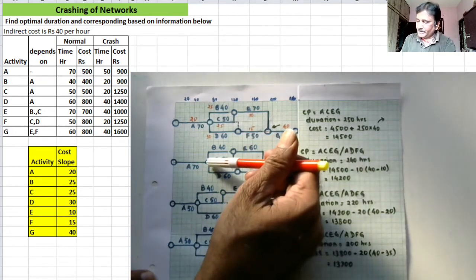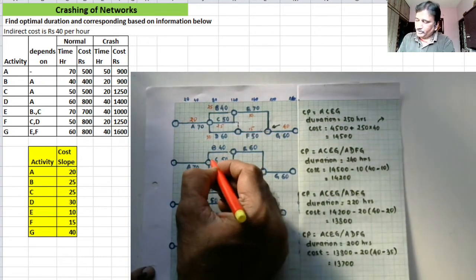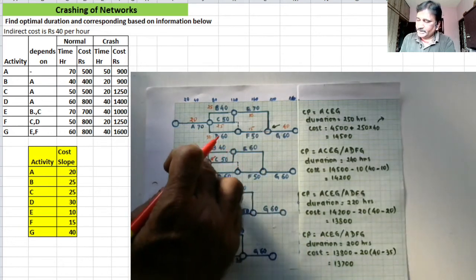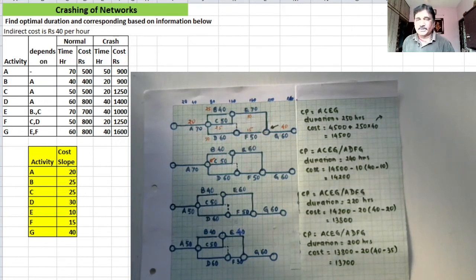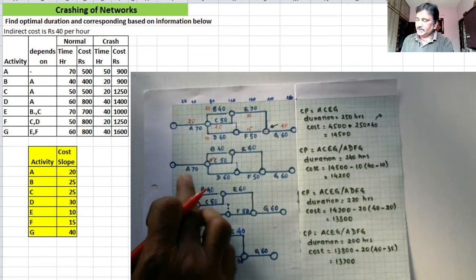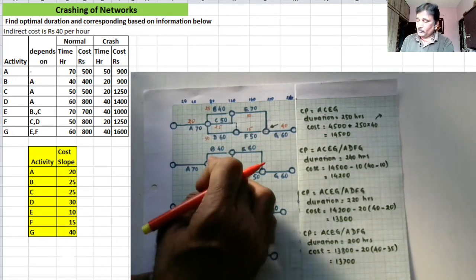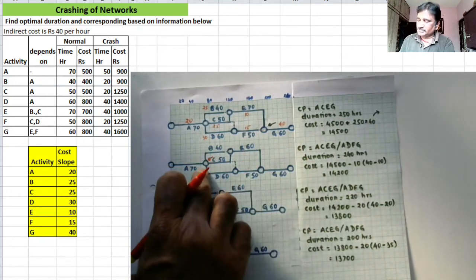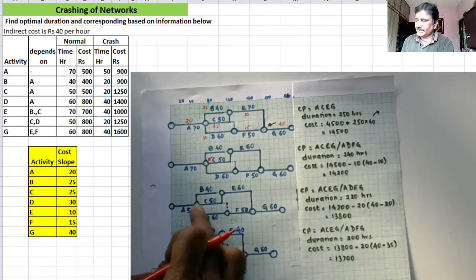I can simply push at this point. There will be resistance of 20 only, minimum resistance. So I'll be crashing it completely to 50 hours. So what will happen? Whole this thing ahead which is attached to this node will come behind. So I have reproduced this diagram.